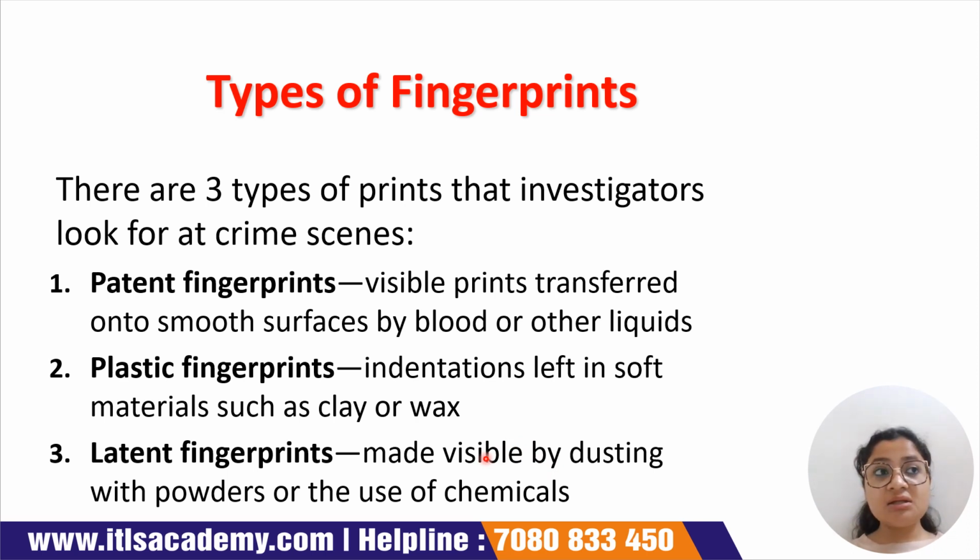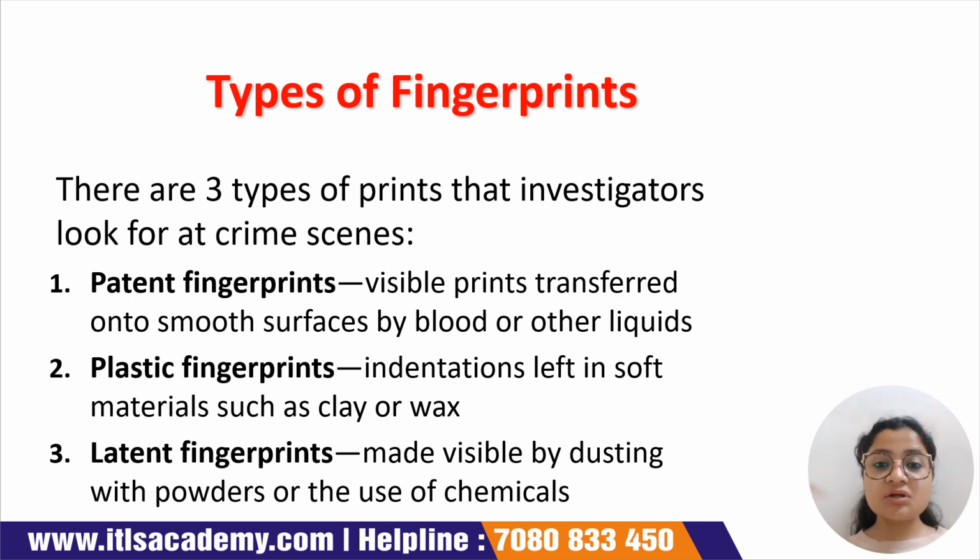One of the main chemicals that we use is ninhydrin. I will be talking about the different processes in the upcoming sessions. So latent fingerprints are those which are not visible, but they can be made visible by dusting with specific powders. Ninhydrin can be in the form of powder or in the form of chemicals also. Now when will we go for latent fingerprints?